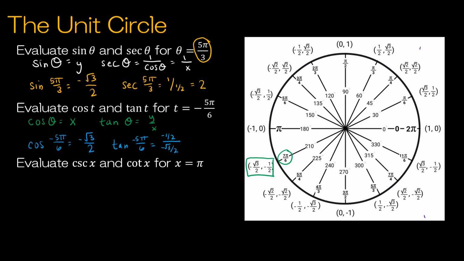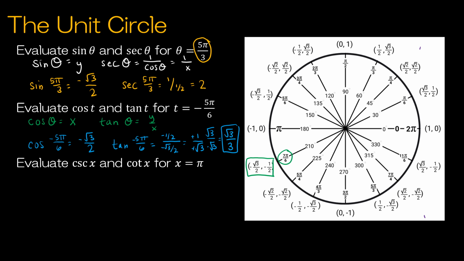I can see that those 2's would cancel. This leaves me with negative 1 divided by negative radical 3. The negatives cancel. And now I want to rationalize because I don't want to have a radical 3 in my denominator. So multiply by radical 3 over radical 3 to get radical 3 over 3. That is tangent of negative 5 pi over 6.